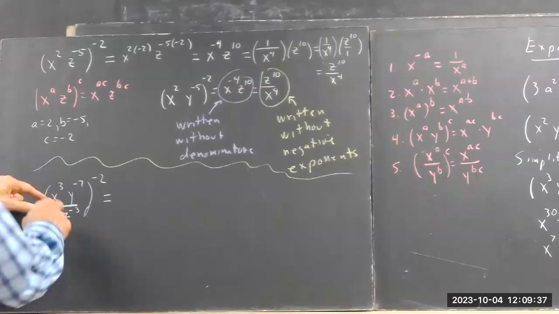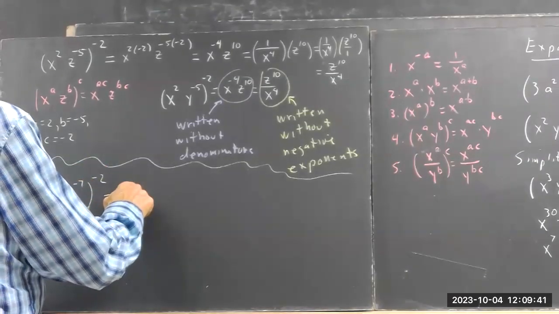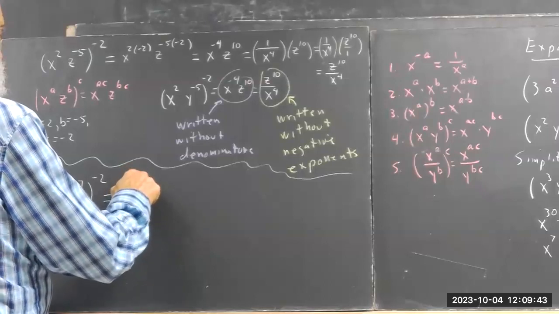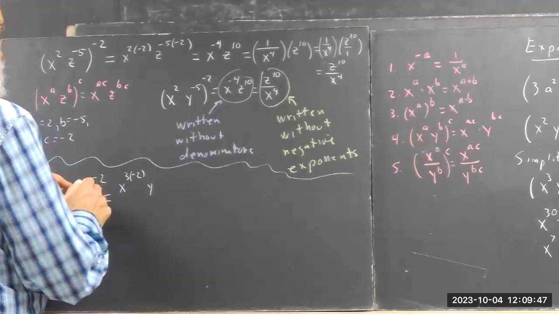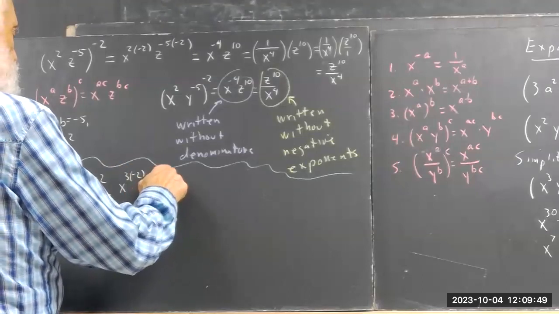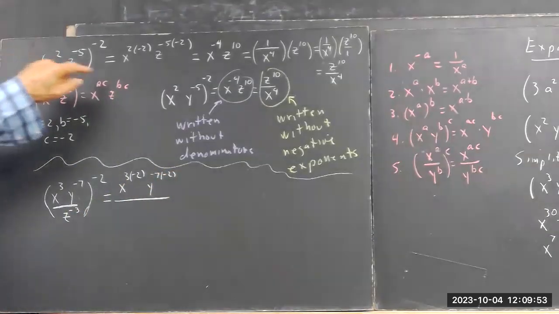Well, x cubed y to the -7th to the -2nd is x to the 3 times -2, and y to the -7th to the -2 is y to the -7 times -2. That works out just like it did up here.